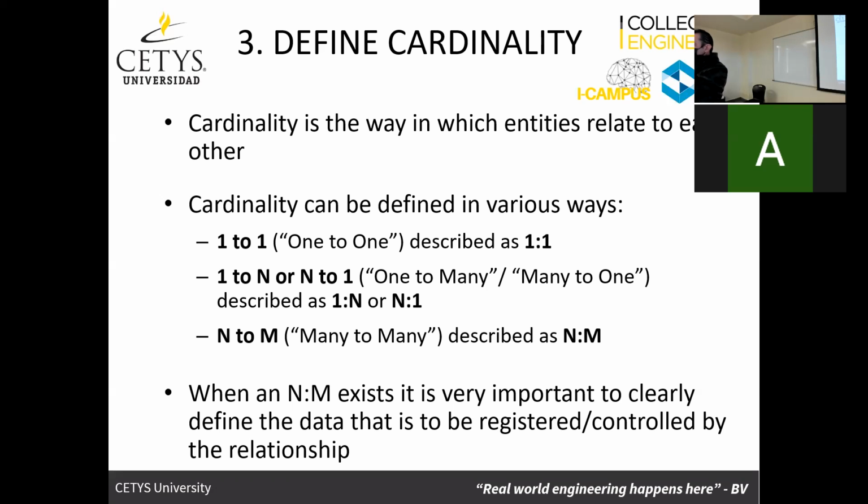You don't have a player that's right now a part of the New York Jets and at the same time playing for the Los Angeles Rams. That can't happen, so that's a good example. That's a one-to-many relationship: one sports team can have many players, but a player can only be a part of one sports team.